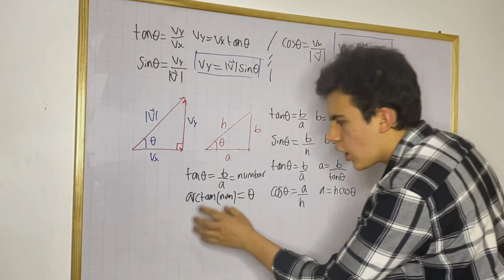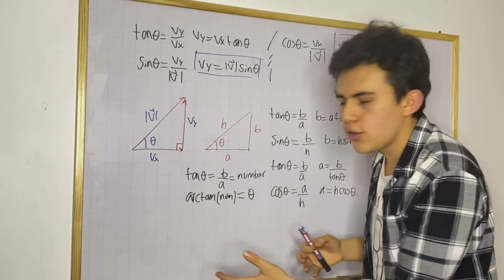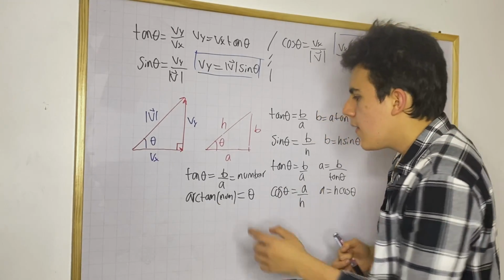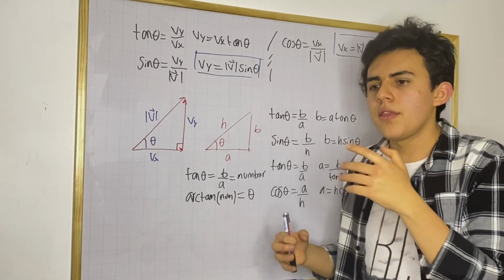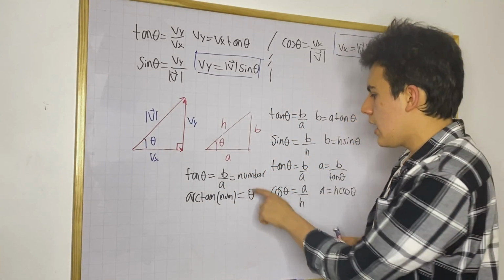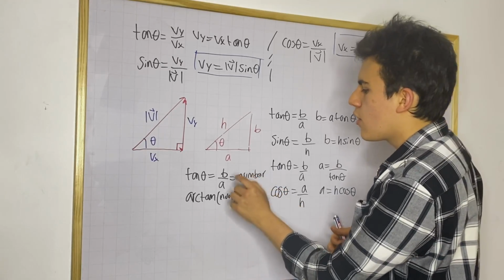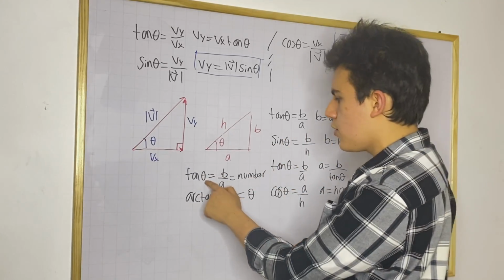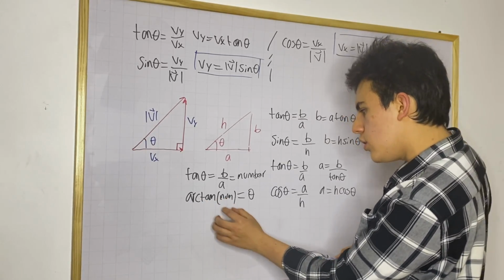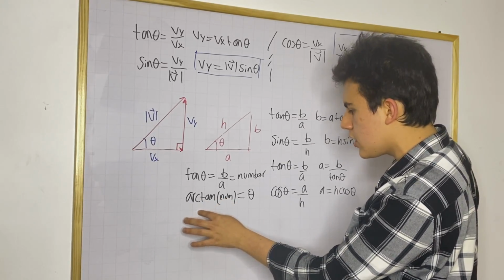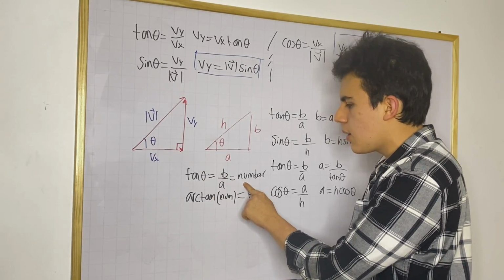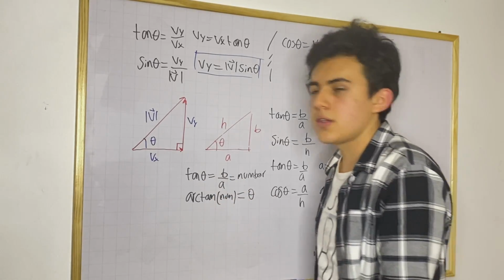Okay? I'm assuming you already know what these inverse trigonometric functions are. If there is a specific number for theta that, if you plug it in, you're going to get number, now if you want to see what theta is, then you need to take the inverse function, which is arctangent. So you put number into arctangent, and then you're going to get back theta. What value of theta is going to give me number? You do that with arctangent.